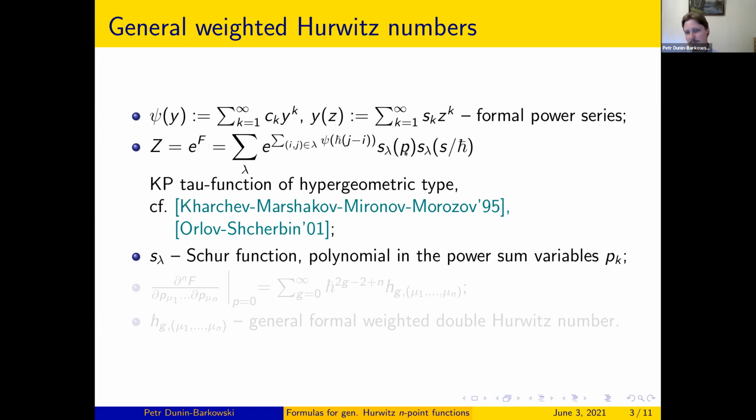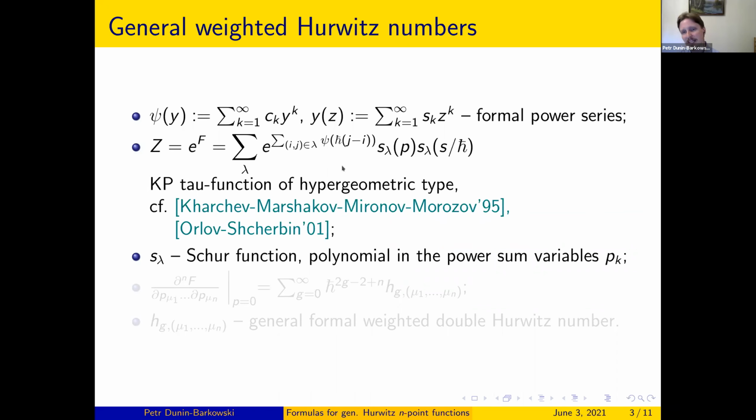For a given lambda, it's a polynomial of homogeneous degree equal to the size of lambda. So what will this Z depend on? It will depend on a formally infinite number of formal variables p_k. Also, it will depend on the formal variable h bar.